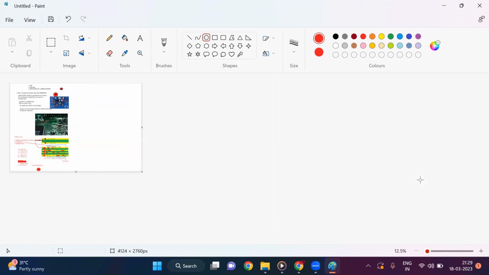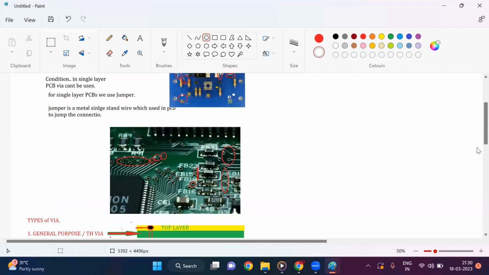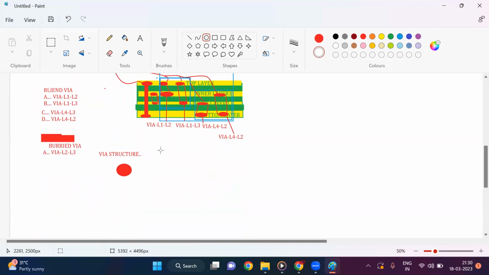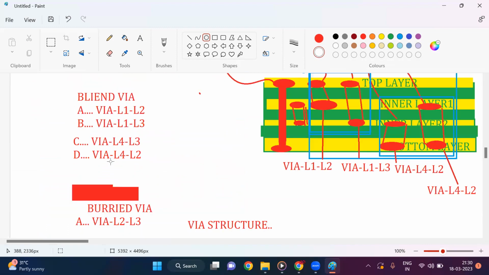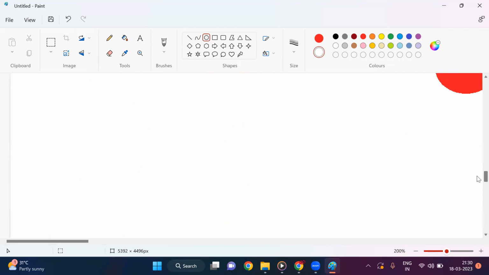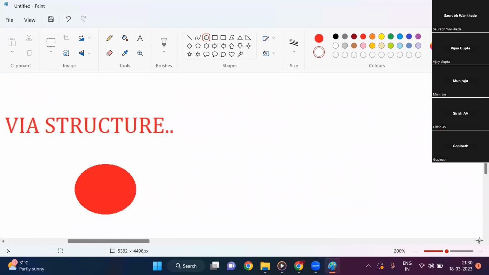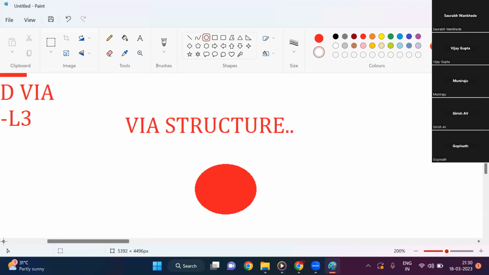There is some specific rule for the via. The via structure we are discussing here.